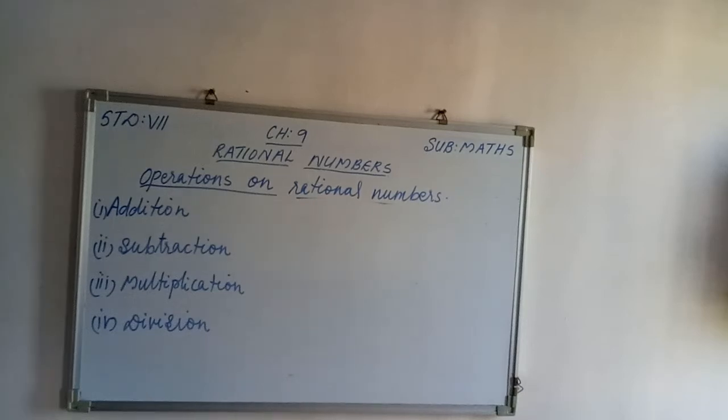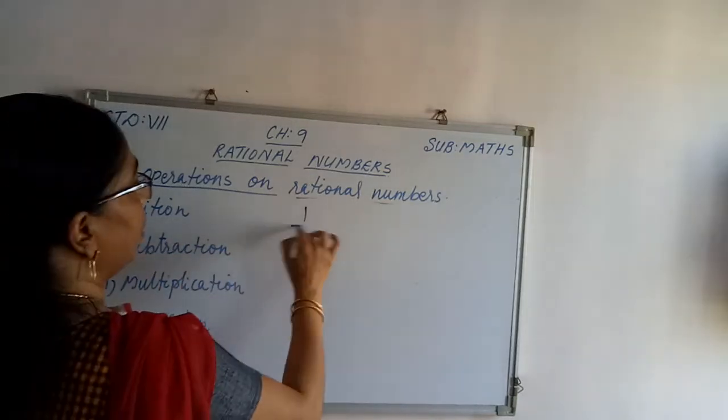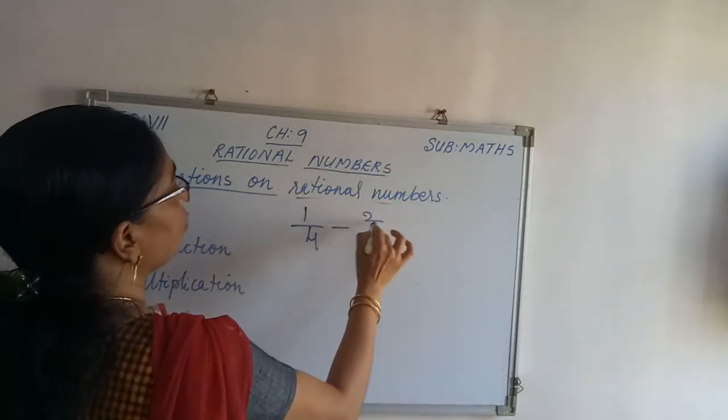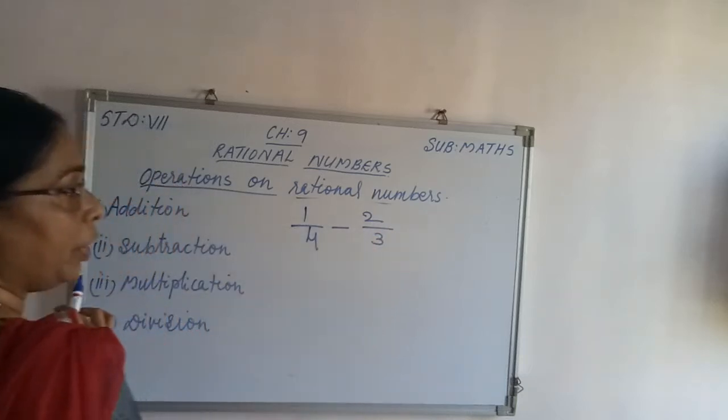Second one, subtraction. By subtracting two rational numbers, we add the additive inverse of the rational number to be subtracted to the other rational number. For example, 1/4 minus 2/3.